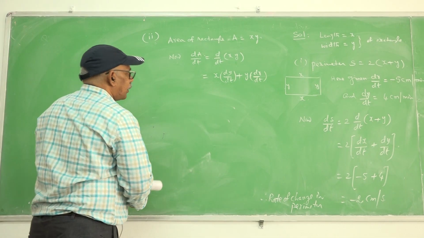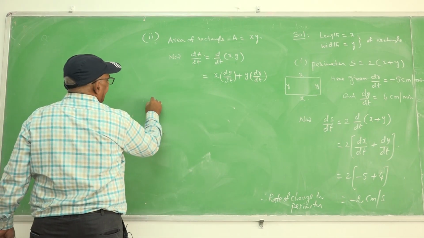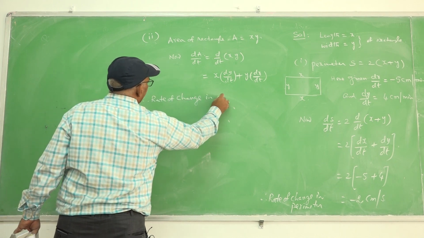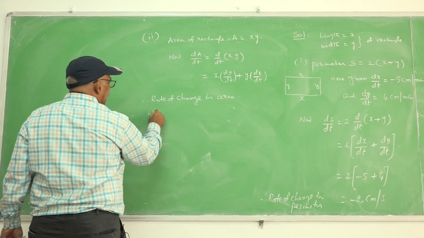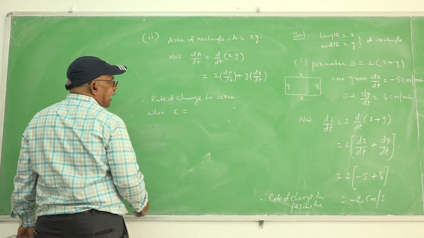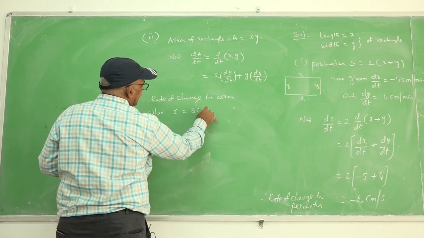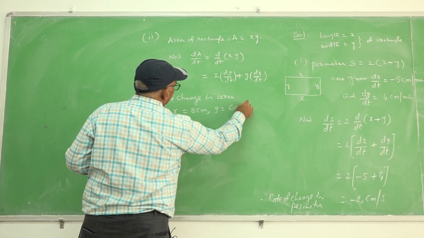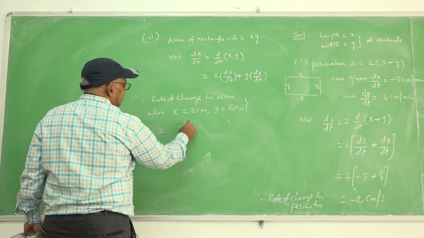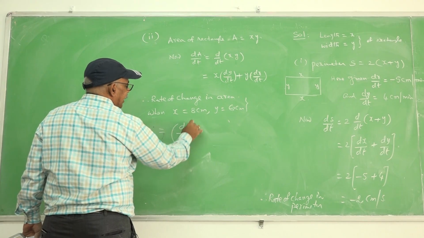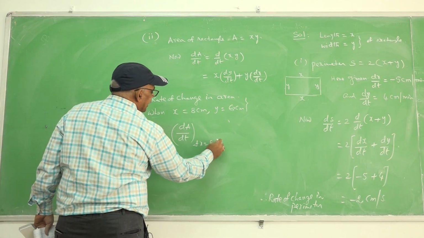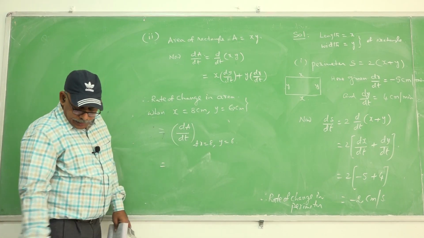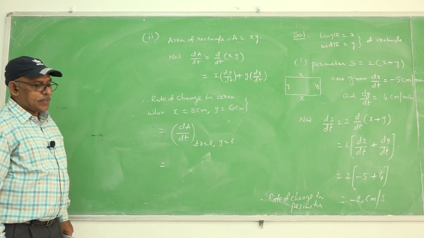The rate of change in area, at the particular instant x equal to 8 centimeters and y equal to 6 centimeters, is dA by dt at x equal to 8 and y equal to 6.